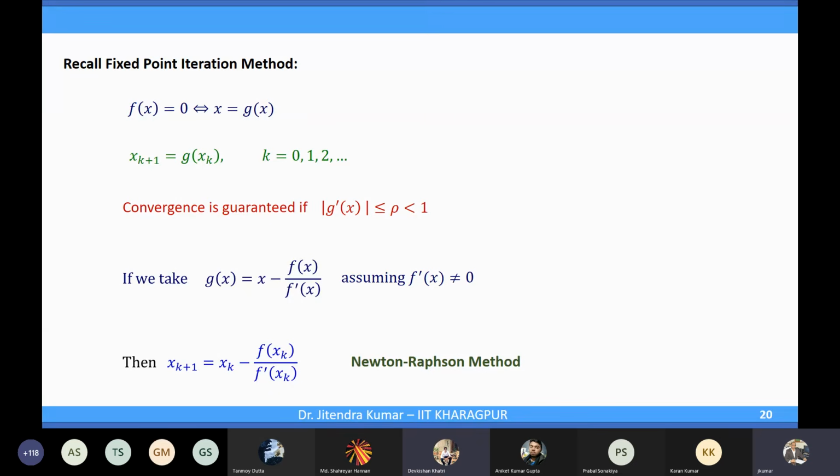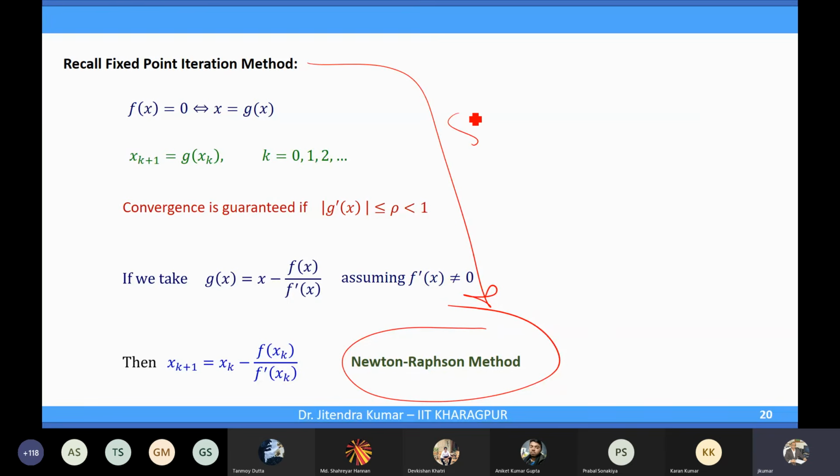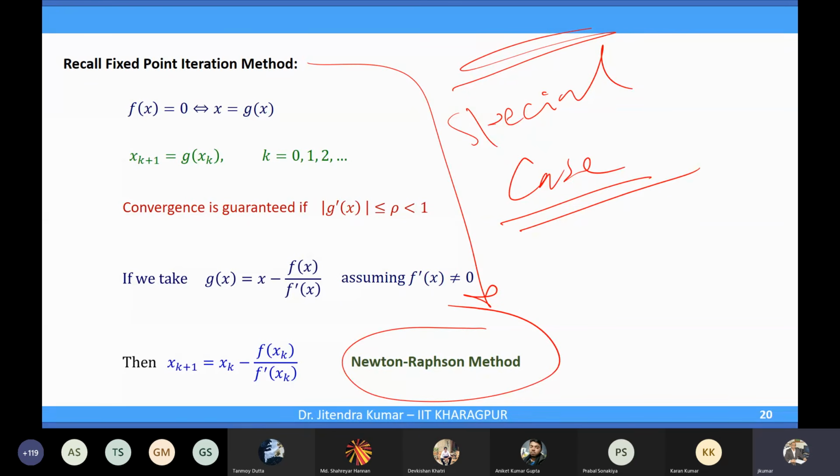Well, so what we learned here is that this Newton-Raphson method is a special case of the fixed point iteration method, nothing else. So we did not learn much so far.